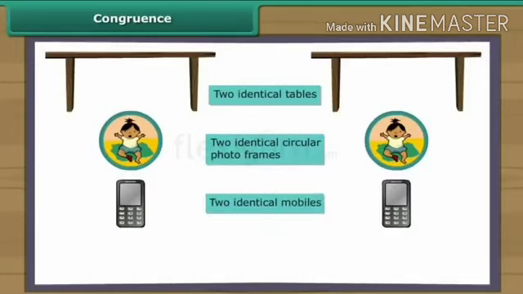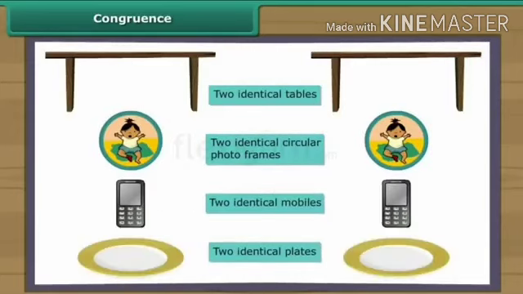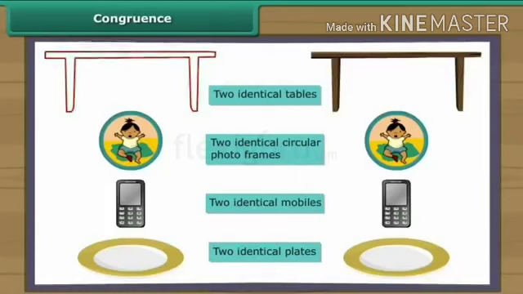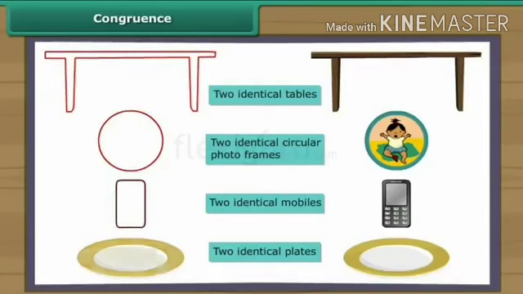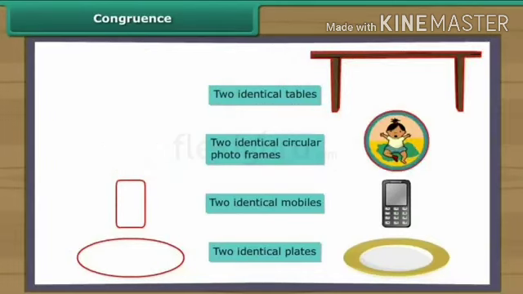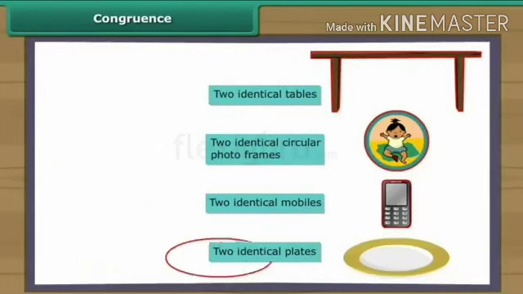Look at these objects. What strikes about them? Yes, they are identical. Let us look at some more identical objects. We will now perform an activity with these objects. First, we draw their outlines and then we remove the objects. Next, we slide the outlines of each pair of identical objects one over the other.